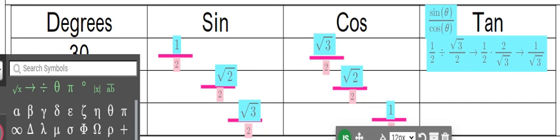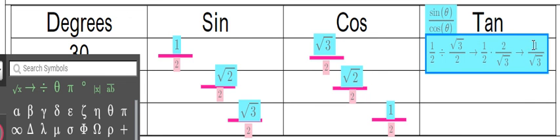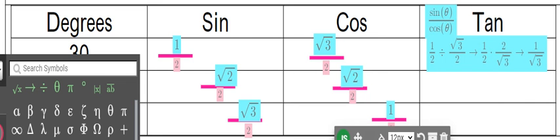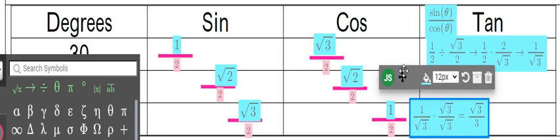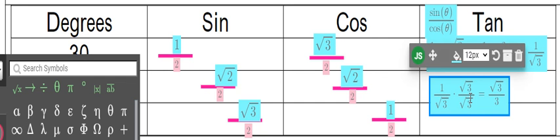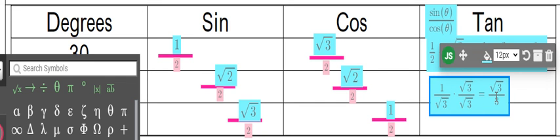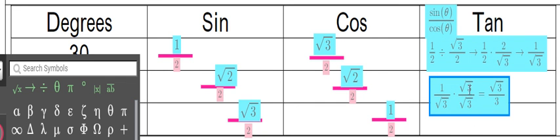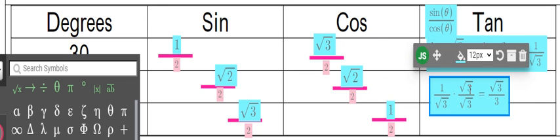But remember from our work from today, we're rationalizing the denominator. So we don't want a radical in the denominator. So we're going to multiply 1 over radical 3 by radical 3 over radical 3. And please note, all I'm doing is multiplying by 1, but I'm multiplying by a version of 1 that helps me get rid of the square root of 3 in the denominator.